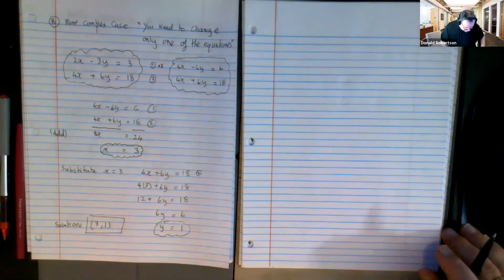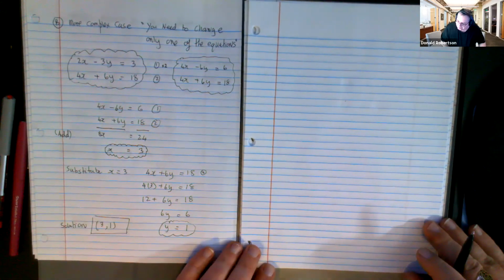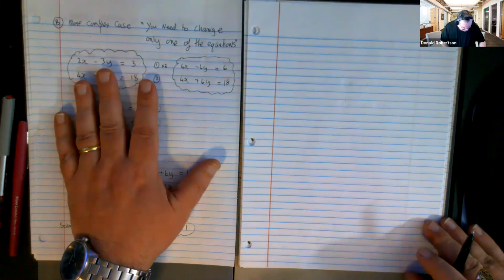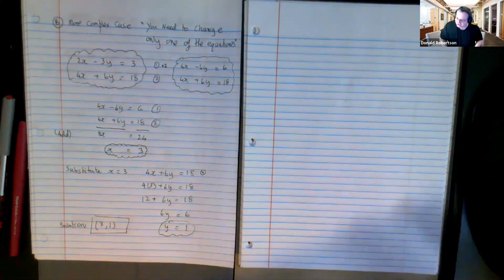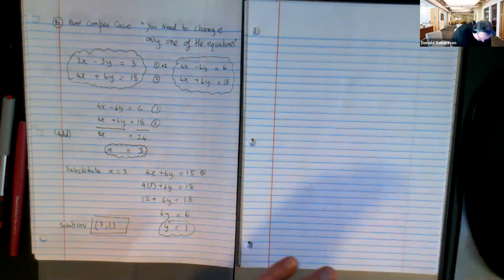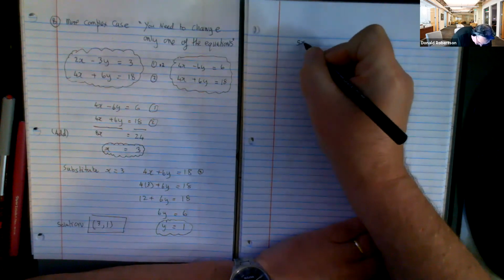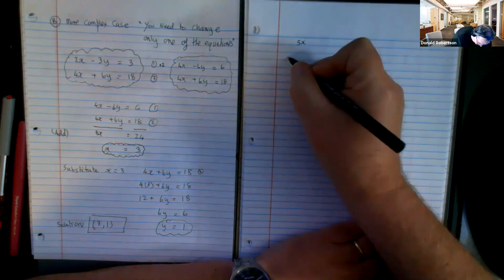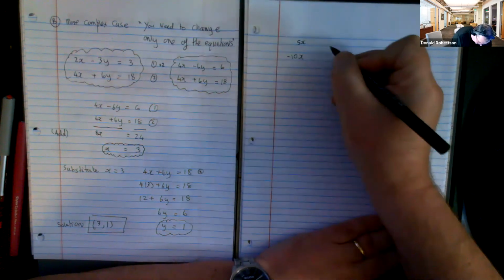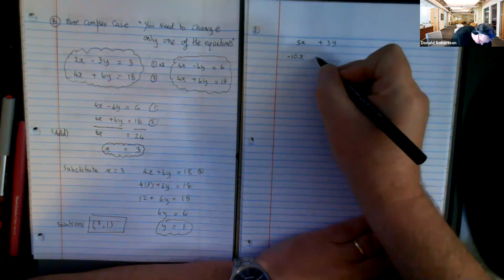Okay. Now, I'm going to do another one of these. And then after that, I want to do what you would change, which equation you would change and what you would multiply it by. So not the whole question, just the beginning of it. But this one, I'm going to do the whole thing again. So let's do 5x, make that negative 10x, plus 3y, minus 4y.